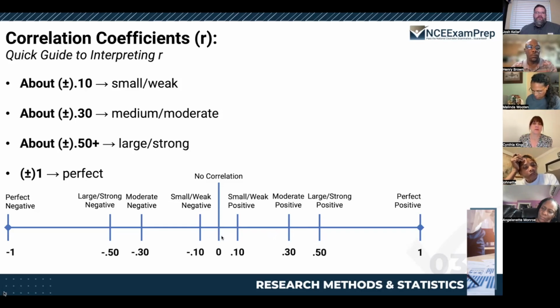You're not going to have a question that is like, identify the weak positive correlation: 0.15, 0.2, 0.3, or 0.7, right? You're not going to have to split hairs like that. It's going to be obvious which one is a weak correlation.